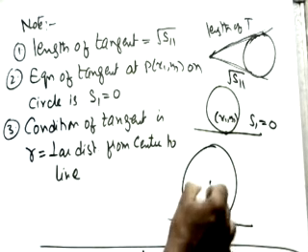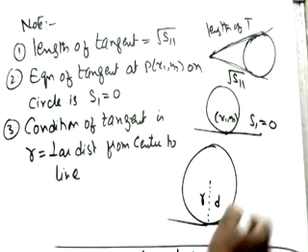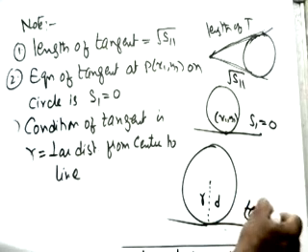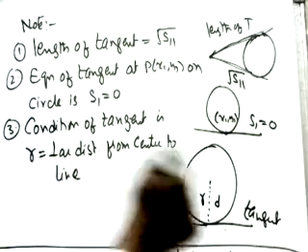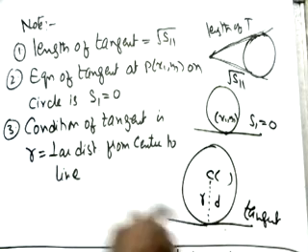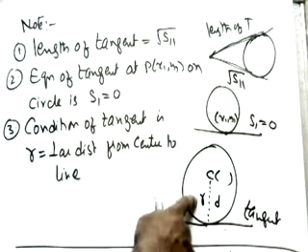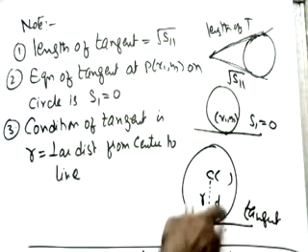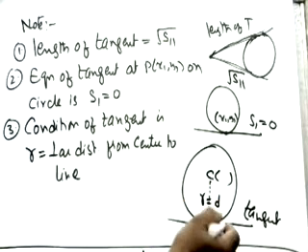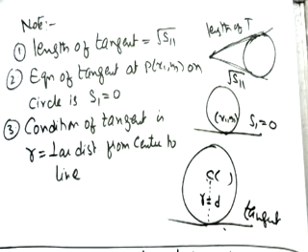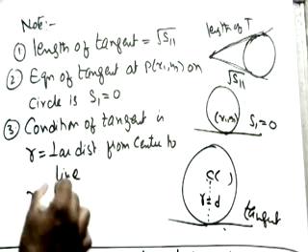The perpendicular distance will be equal to the radius of the circle. The condition of tangent is radius equals perpendicular distance from the center to the line. If the radius and the perpendicular distance from the center to the line are equal, then this line touches the circle, or this line is the tangent to the circle.